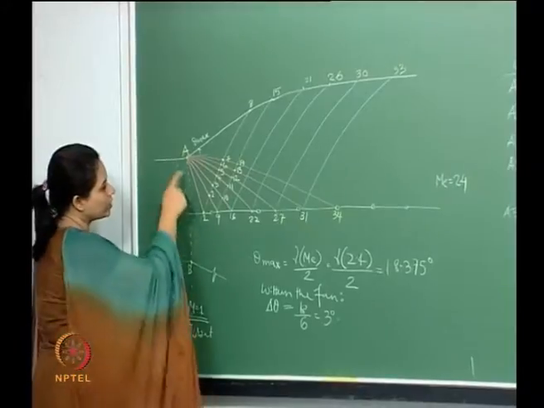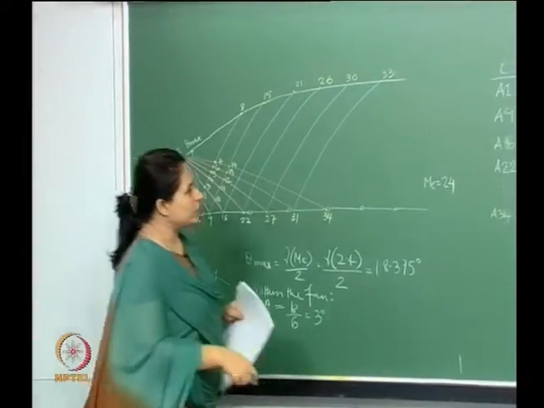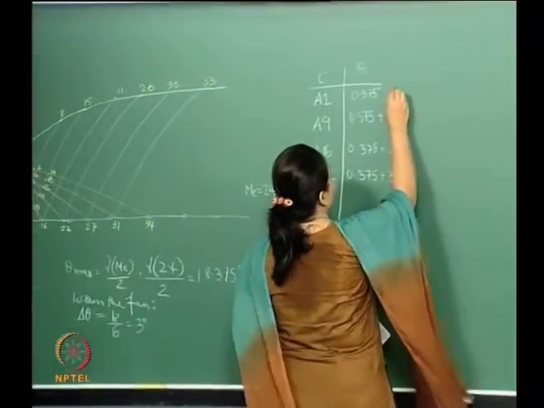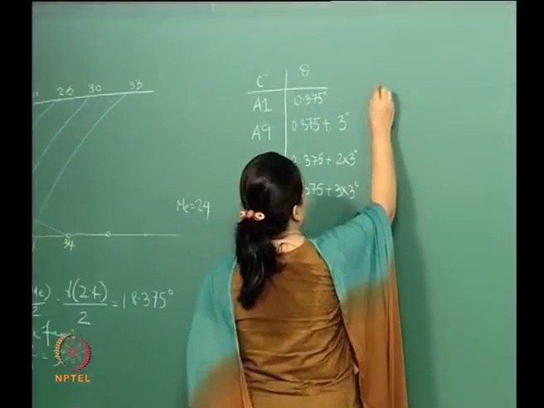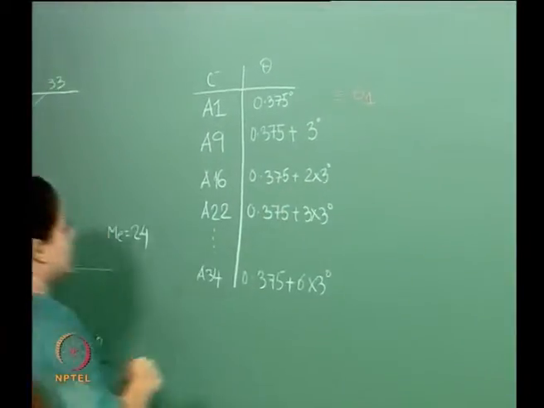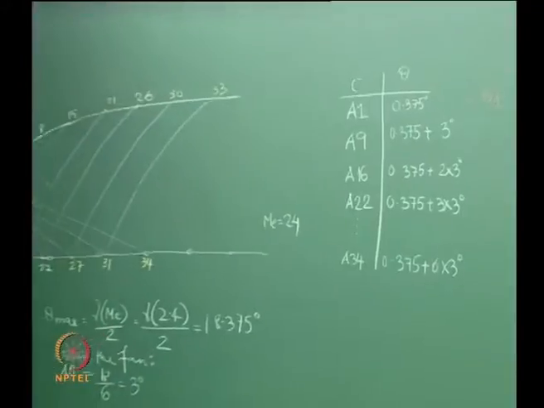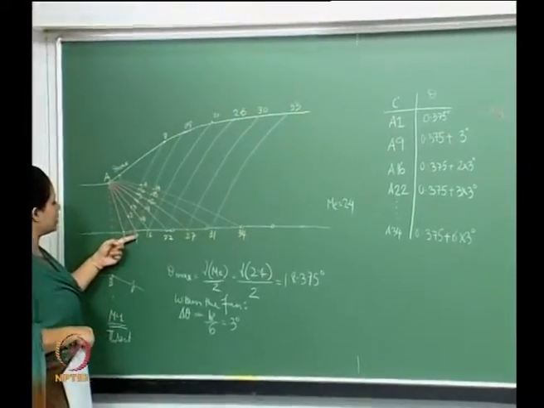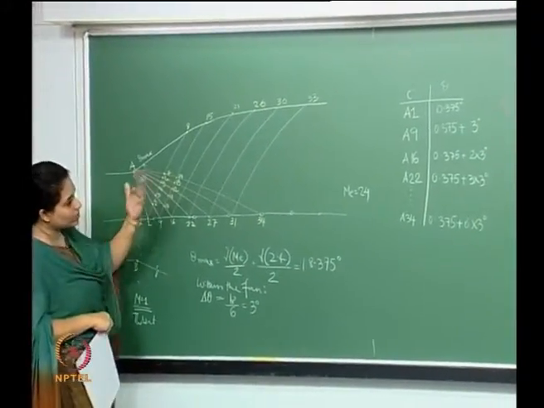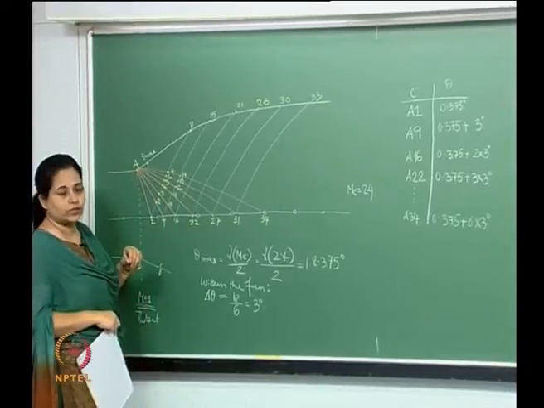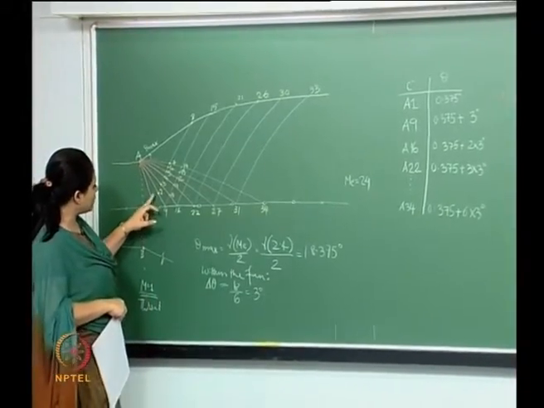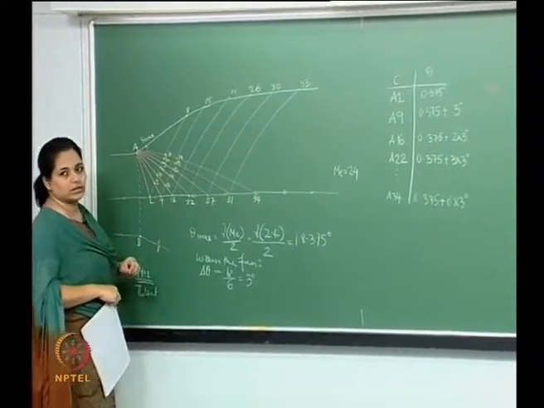This point 1 is on this characteristic, so this corresponds to theta 1. Similarly, for this characteristic, the theta is 3.375, A9. So therefore, theta 2 and theta 9 are the same, right?